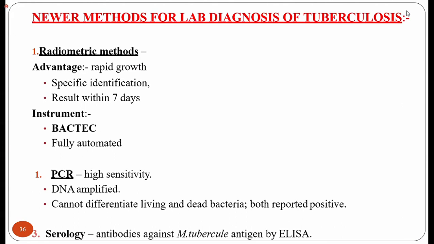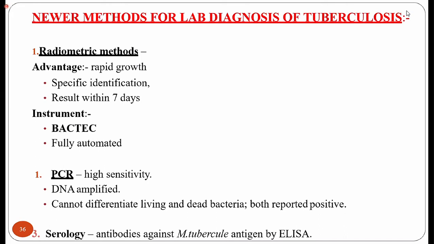We now have rapid methods to identify tuberculosis. I don't want you to study this in detail, because these machines are not available in all hospitals, only in certain ones.